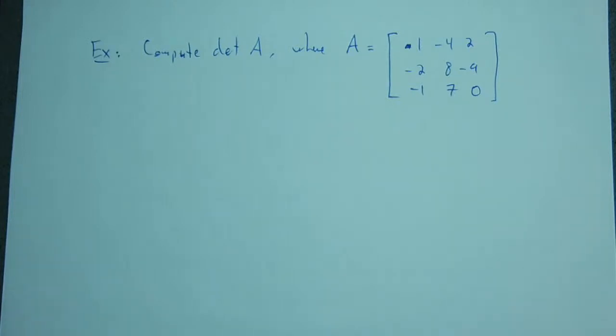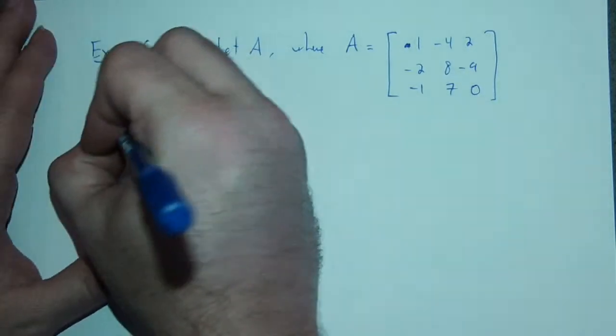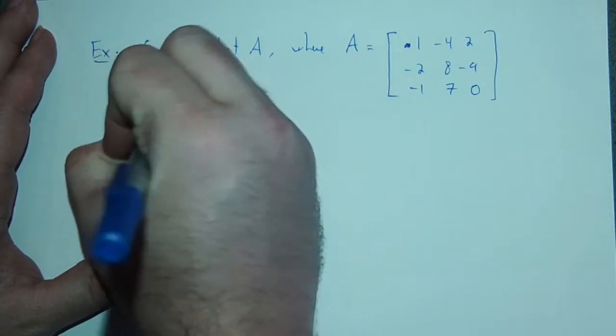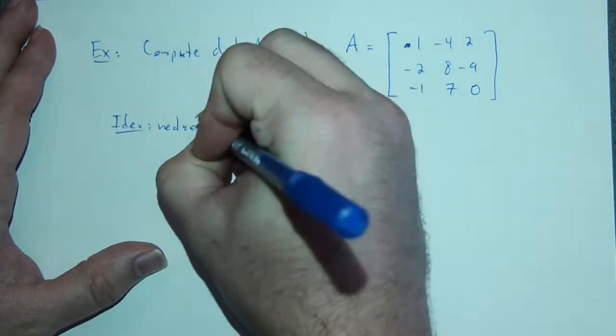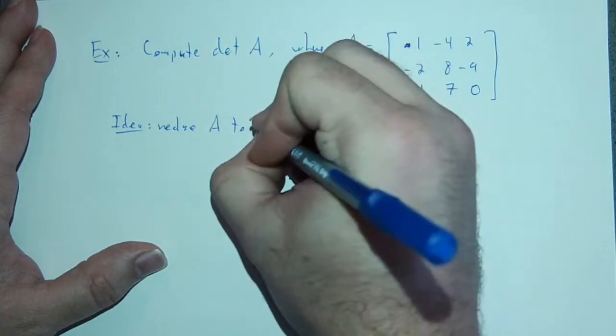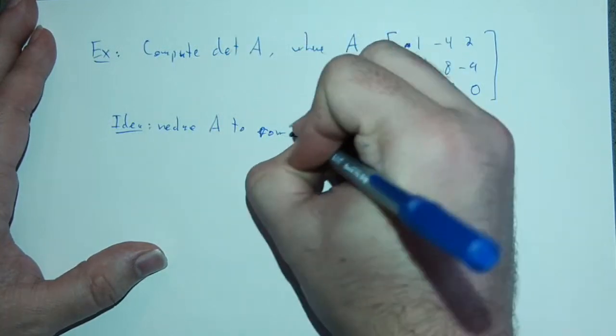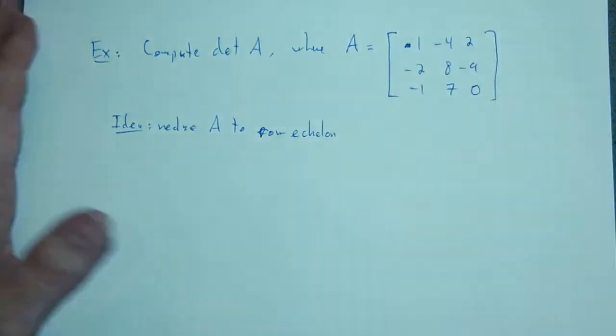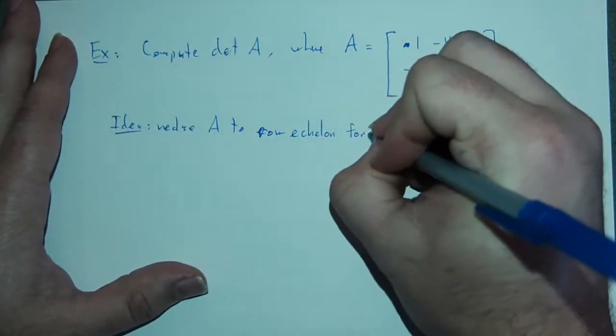What is the idea? Okay, so idea. Reduce A to row echelon form. So it doesn't need to be reduced row echelon form. Just row echelon form.